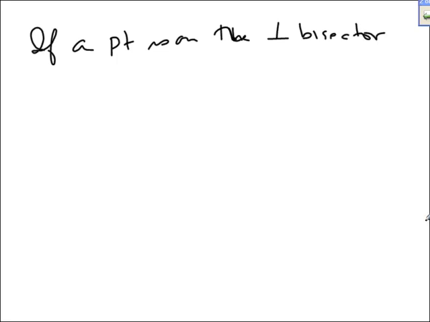Now, there's another theorem. It's basically maybe the converse. Think about it. If a point is on the perpendicular bisector of a segment, then something is true.